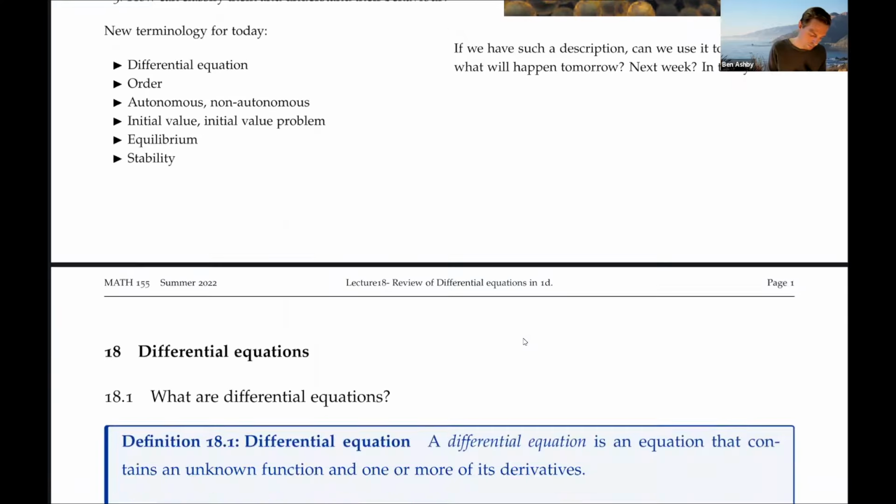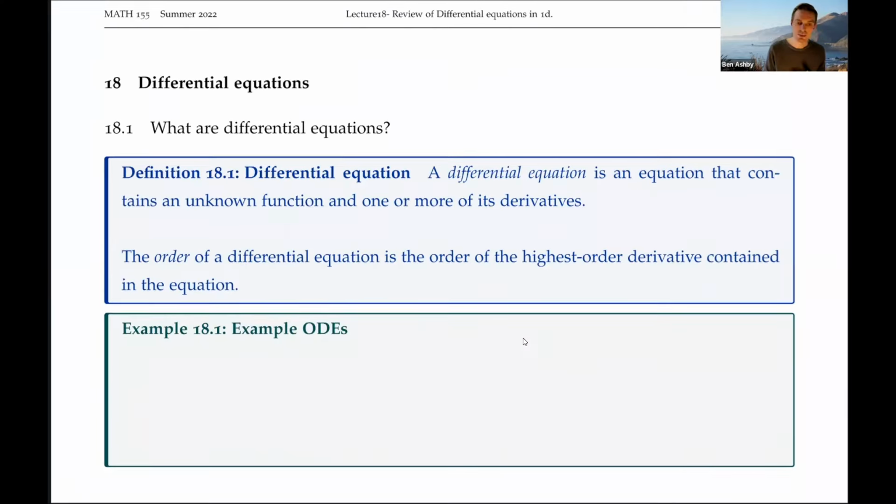Okay, so just to recap, what is a differential equation? Well, this is an equation that contains an unknown function and one or more of its derivatives. For example, we might write down something like dy/dt = y. This is a differential equation in y.